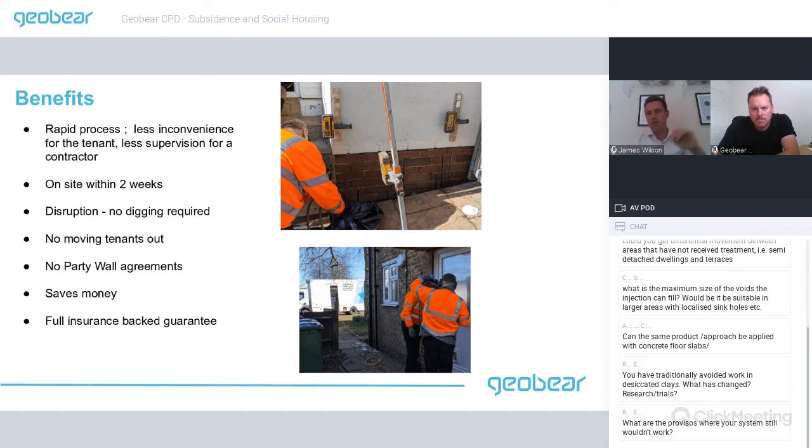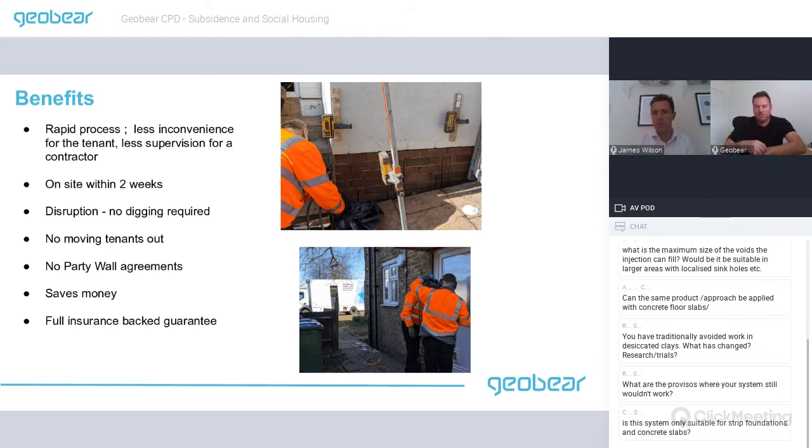At that point, we'll either stop injecting resin because we know it's full and the soil's stable, or we'll say we want to lift the structure up by 5 millimeters, 10 millimeters, whatever we want. We can monitor that to degrees of millimeters, so we can control the expansion and the rate it expands very accurately.